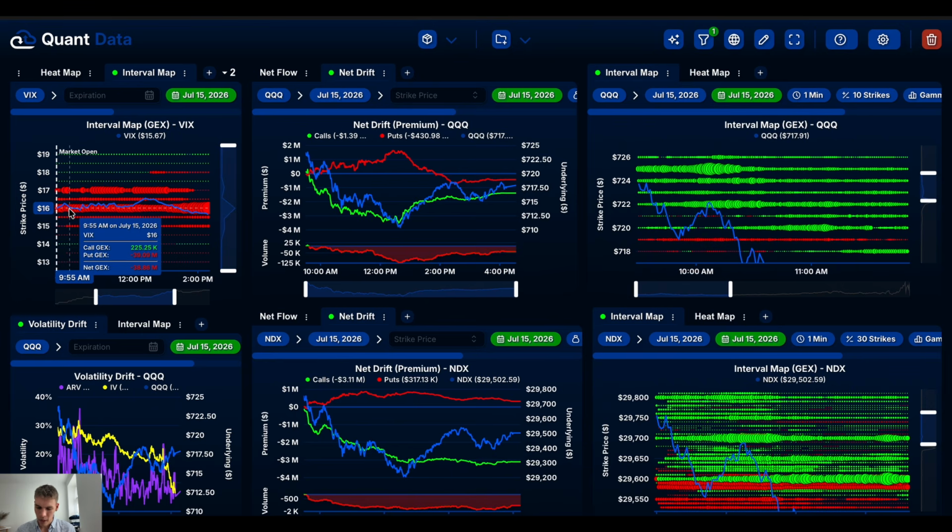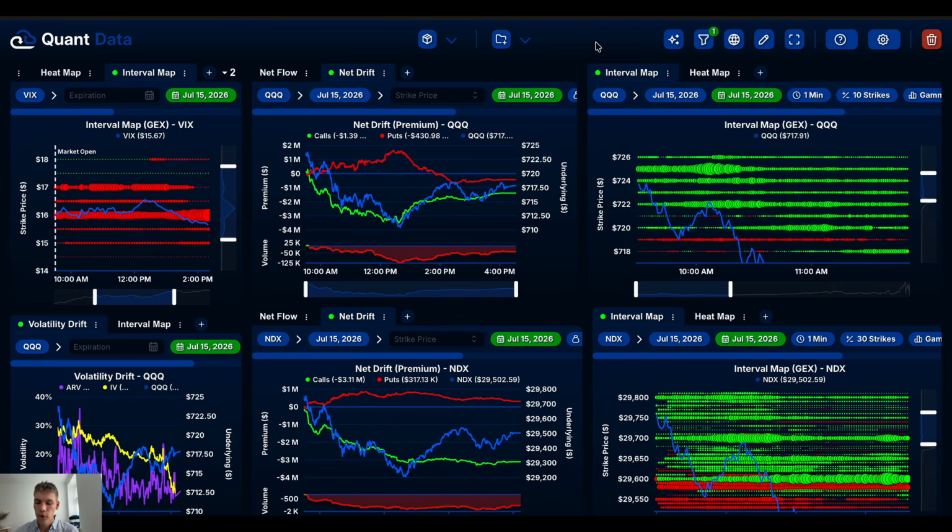And then what we see on VIX is that we have this 16 strike. So what you need to understand is that VIX is going to go in the opposite direction from where equities and indices, our main SPX, NDX, are going, right? But this is going to happen under a positive Vanna surface, right?